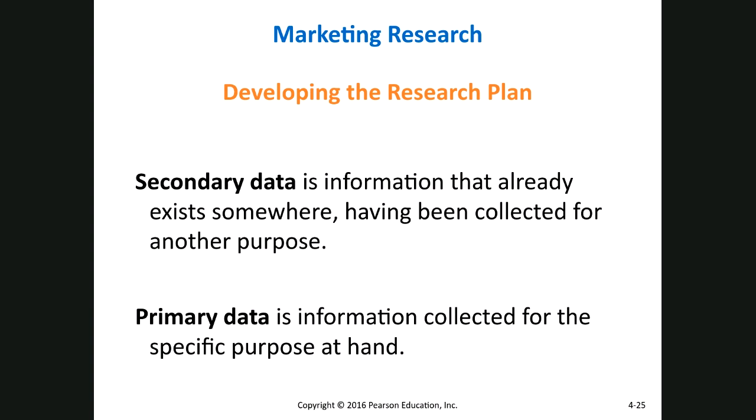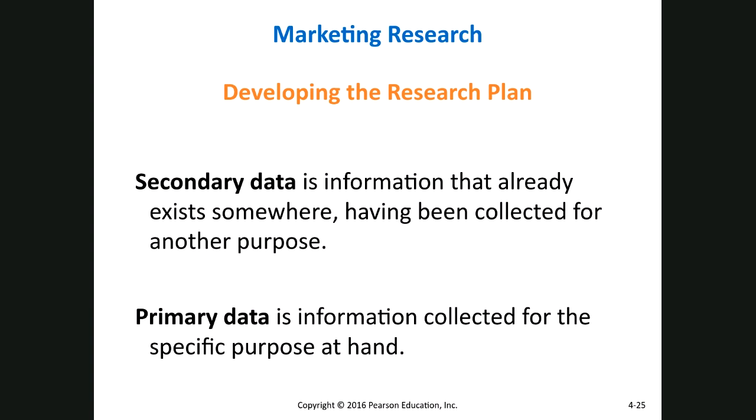So secondary data, which you've seen an example of when I went over the segmentation tools earlier, the Census Quick Facts and the Claritas segmentation tool. Those are examples of getting secondary information. It's already been collected. It exists somewhere.